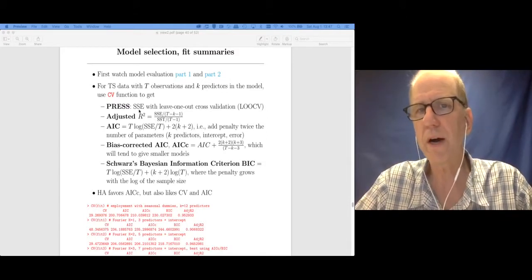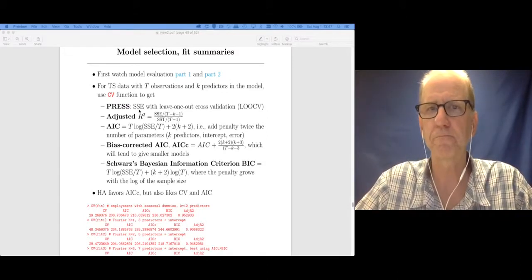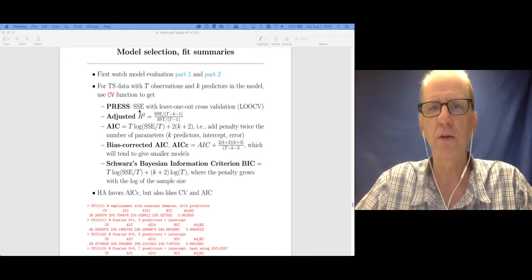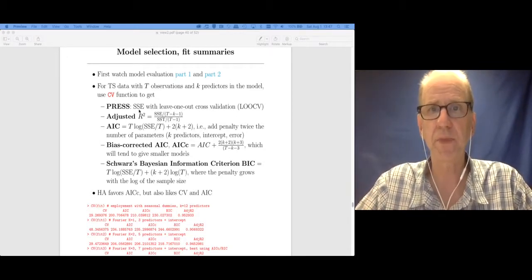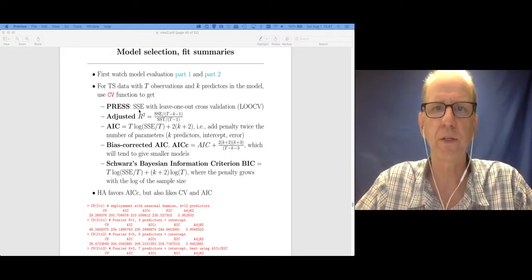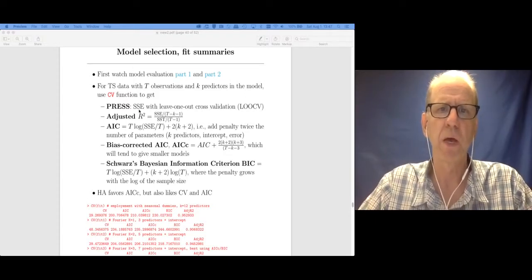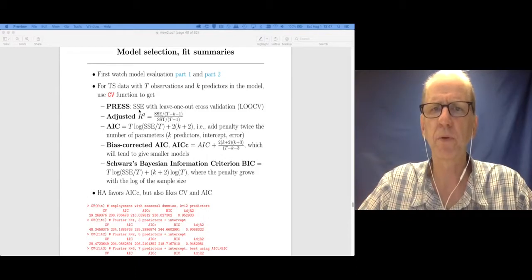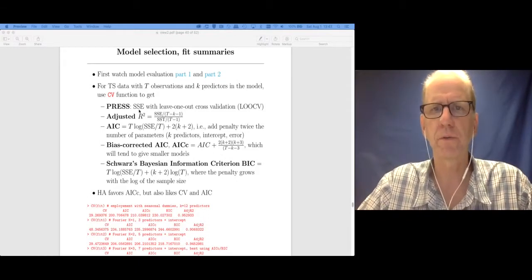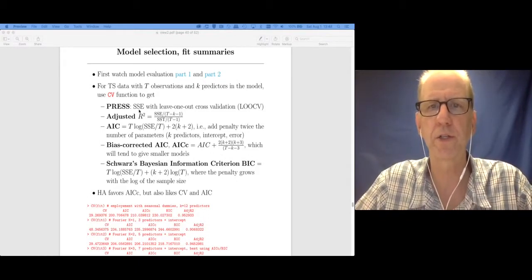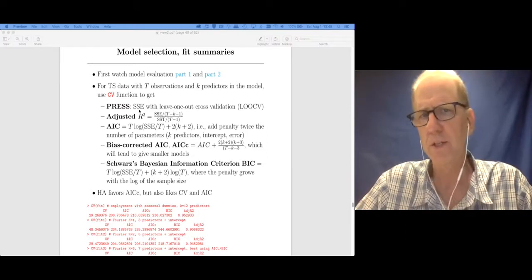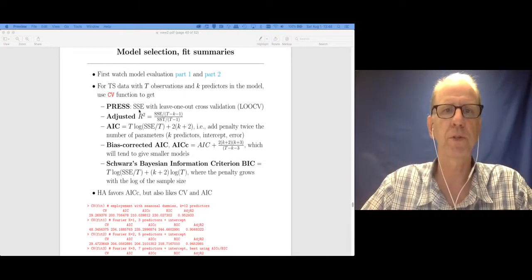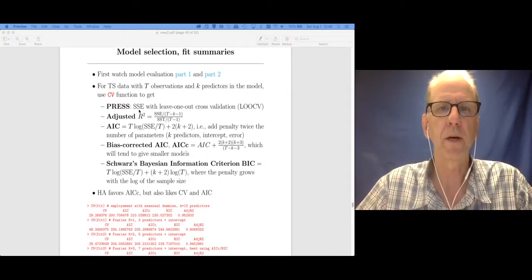Each time you leave out one case, and having left out that case, you predict it, and you tally up the errors on those left out cases across your n fits. That's the most extreme version of k-fold cross-validation. You could call it n-fold cross-validation or leave one out cross-validation. This would be one of the out-of-sample approaches of evaluating the model error.